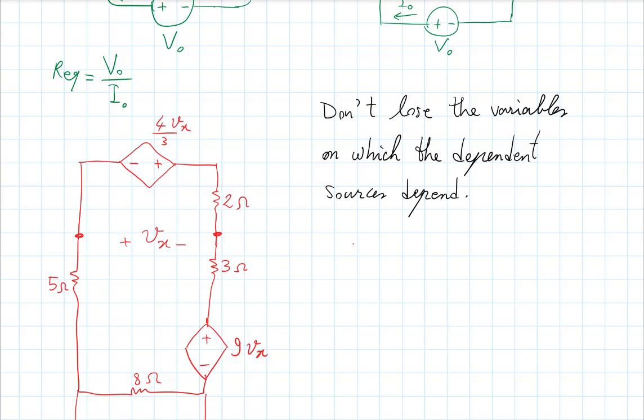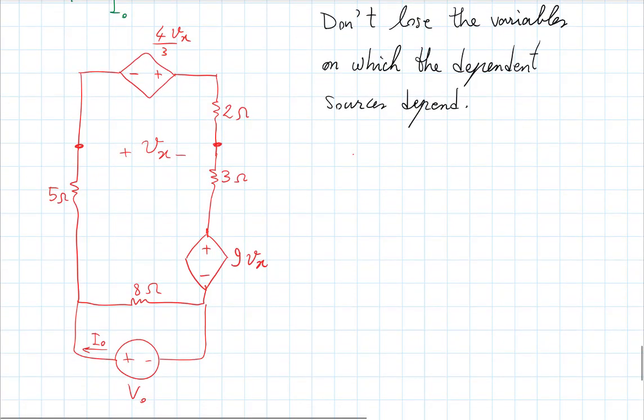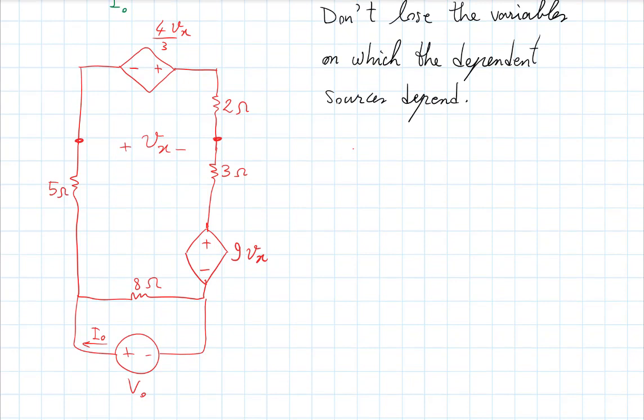Because otherwise, then what are you going to do? Okay, so if you have it like this, it is basically as simple as it gets. Now, the next step is just to solve this using, if you want, KVL, KCL directly or mesh analysis.